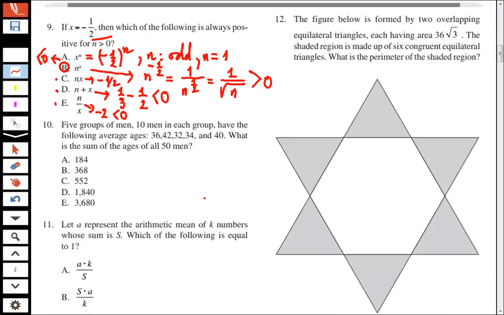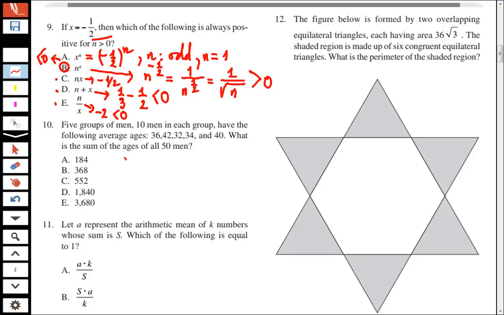Question number 10. 5 groups of men, 10 men in each group, have the following average ages: 36, 42, 32, 34, and 40. What is the sum of the ages of all 50 men? This one is very easy.